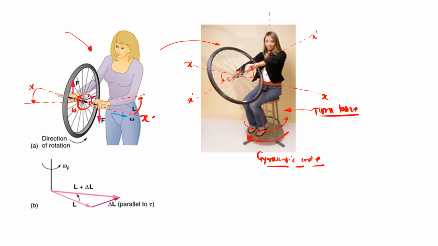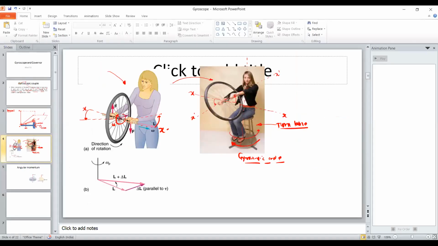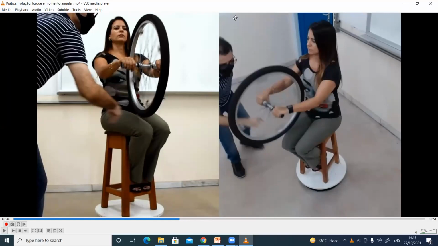I will show one video that will explain the gyroscopic couple. This is the same example of the bicycle wheel.